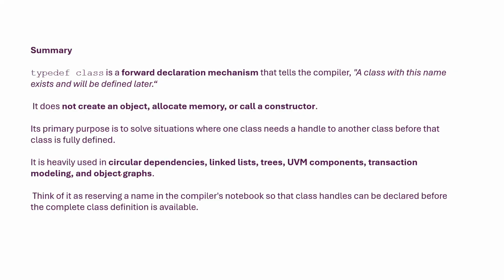The primary purpose is to solve the situation where one class needs a handle to another class. Before that, you need to define that class name, not fully, right? Just see, if you want to buy any property, I need to give some advance, right? That means assurance. You are not buying, you are not selling to anyone. That is the assurance these types of classes provide. Okay, clear?